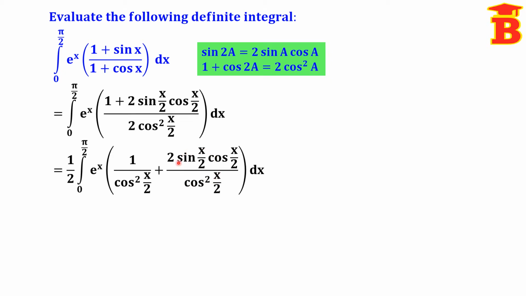In this second term, we can cancel cos x by 2. Denominator we have cos square, so we cancel only one cos.